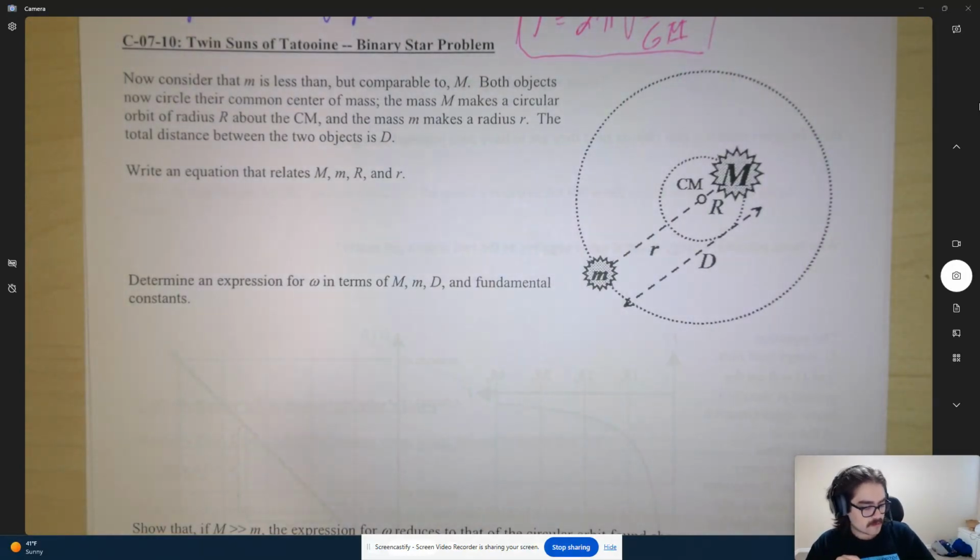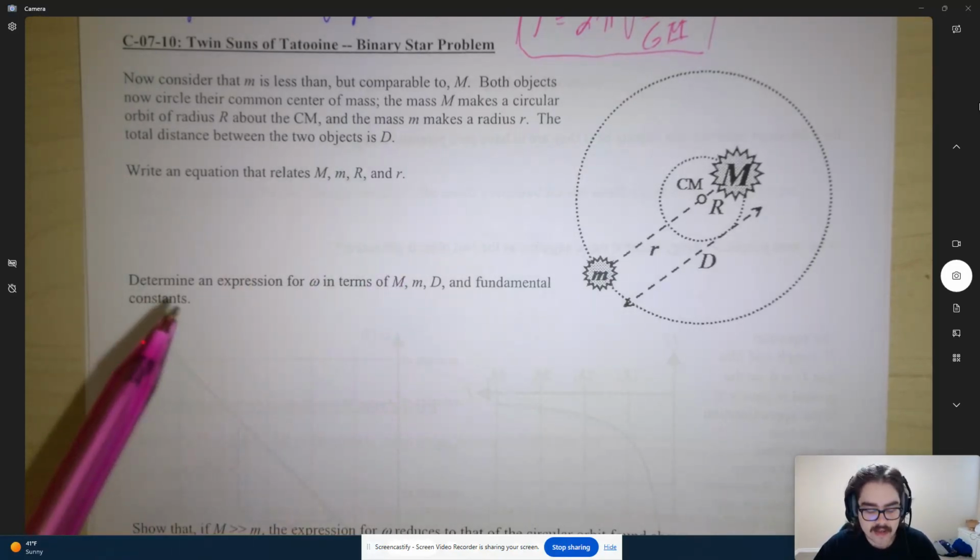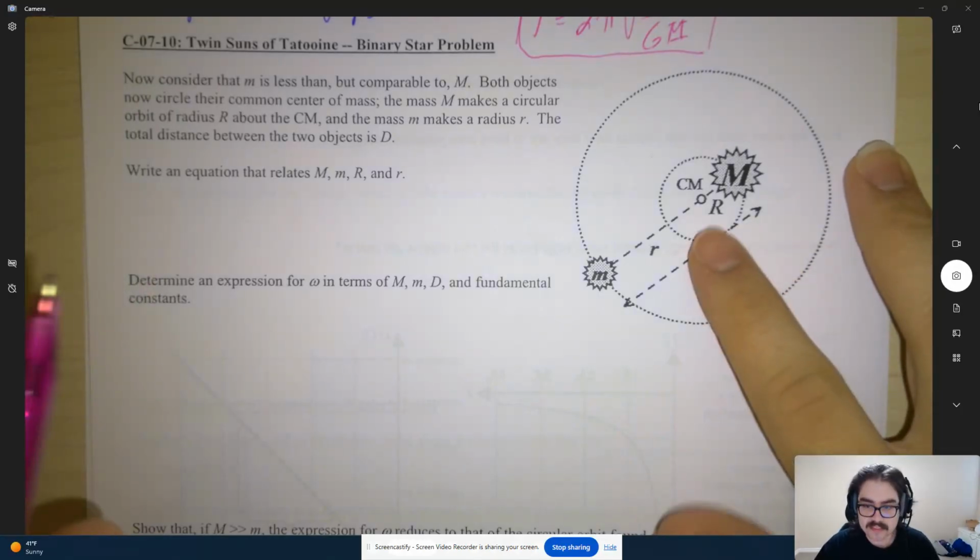So what I'm going to do here is just use the center of mass equation. We remember that for center of mass, you take the mass times its position along the axis. I'm going to do the exact same thing here. I'm going to say that mass big M is a distance big R from the center.